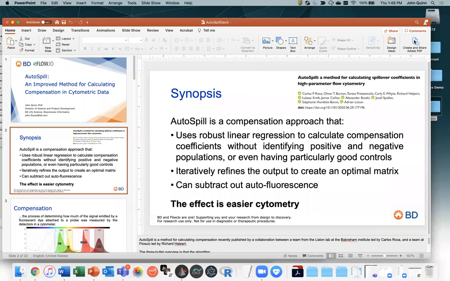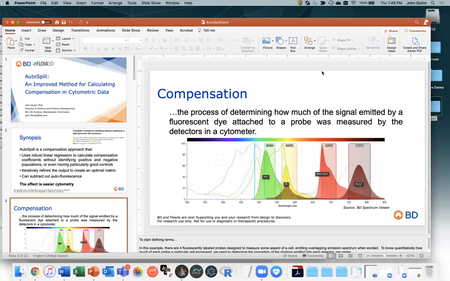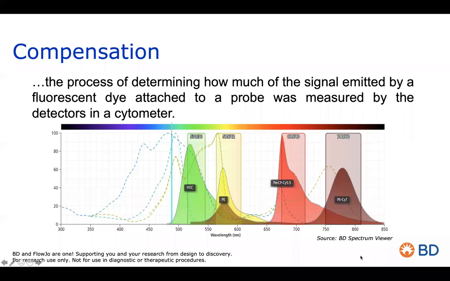The gist of compensation, and I might as well go to slide view here, is that you've got a signal. You've blasted a cell with a laser. It was stained with multiple fluorescent probes. Those probes each fluoresce across a range of wavelengths. We typically have detectors stationed at wavelengths that we assume are going to be good places to collect light based on our selection of probes.